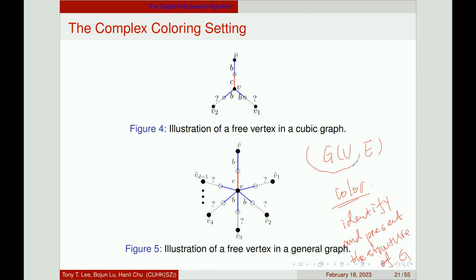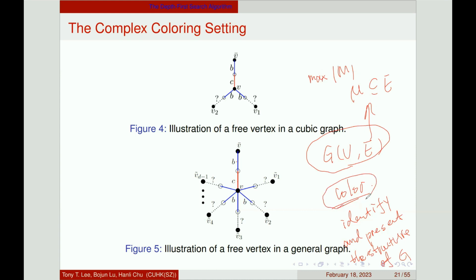Because indeed we only have V and E, and we want to identify M, which is a subset of E, and also the cardinality of M is enlarged, right? We maximize it. So this is the combinatorial problem.